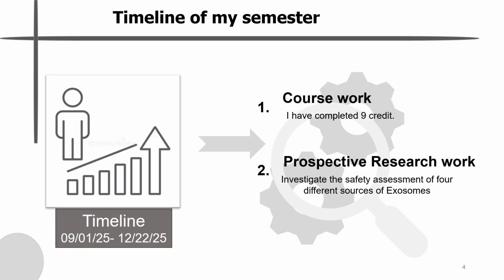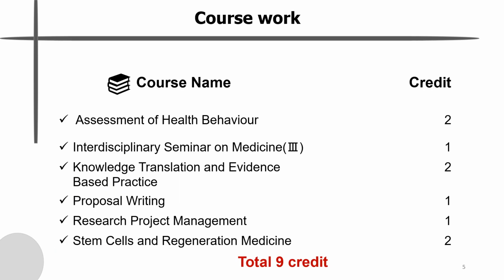During this time, I focused on completing coursework and preparing my prospective research work. I have successfully completed 9 credits during this semester. These courses helped me strengthen my theoretical knowledge and research skills relevant to my study area.